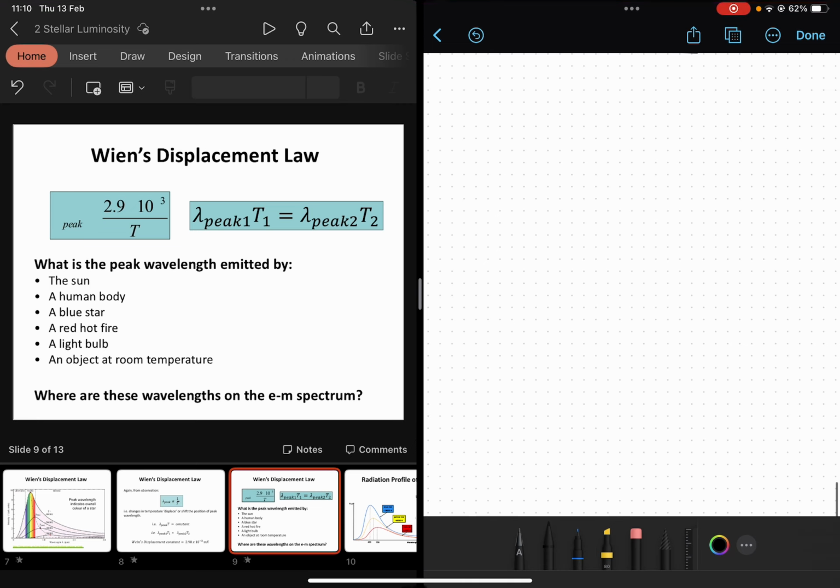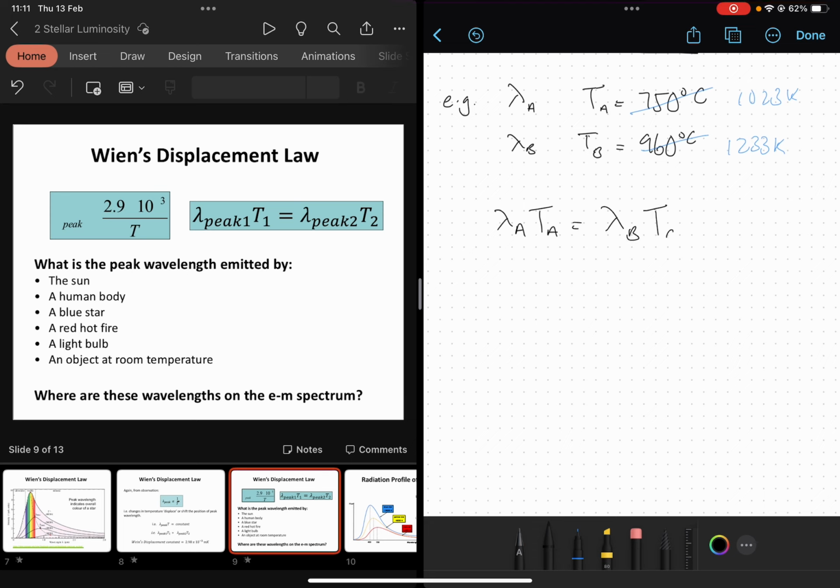Let's just have a look at the kind of ratio idea. So let's imagine we've got two stars, star A and star B. Star A has a temperature of 750 degrees C, and star B has a temperature of 960 degrees C. First things first then, we've got to convert those into kelvins by adding 273 to each. So lambda A TA is equal to lambda B TB.